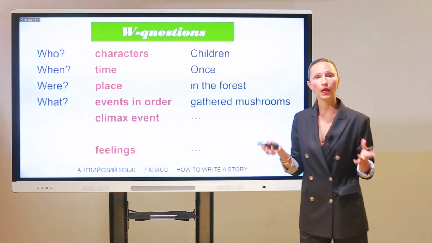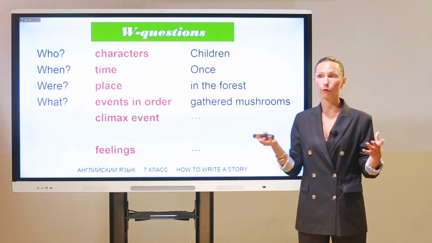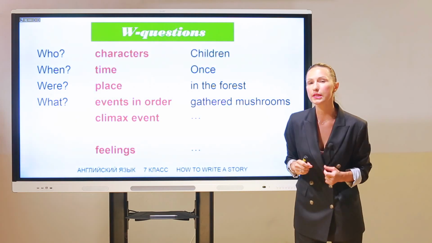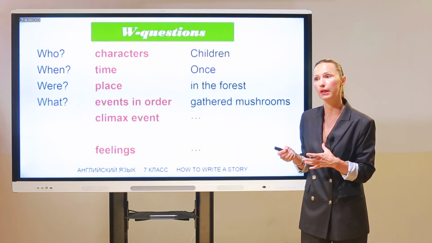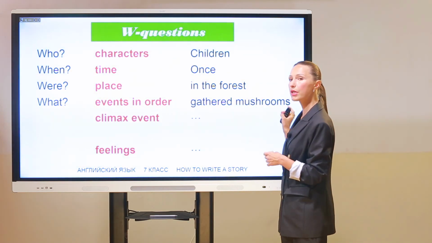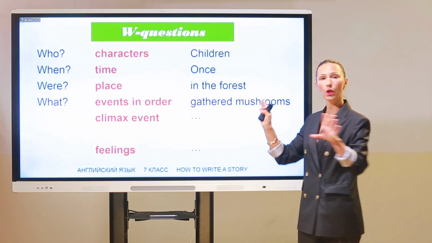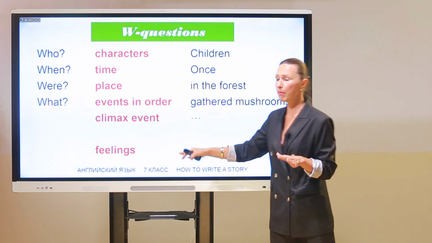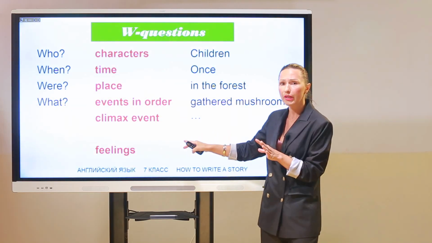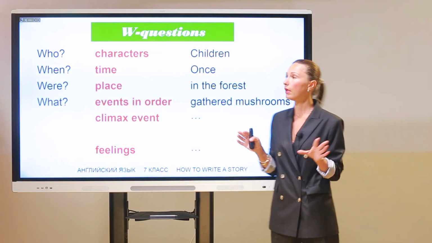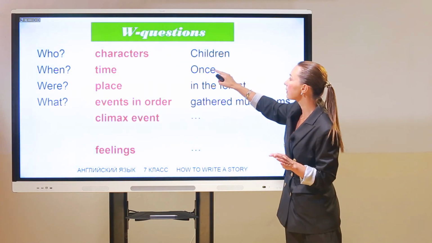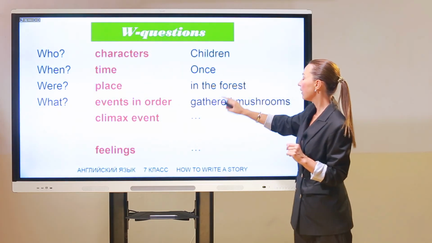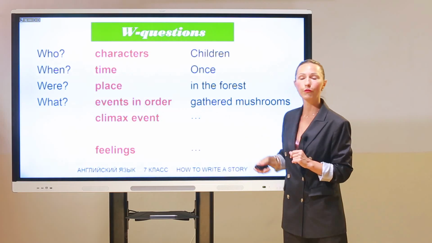Place. It happens in the forest. What did they do, these children? They gathered mushrooms, okay? Right now we don't know about the climax event, maybe about feelings, okay? Not now. Now we know that once children gathered mushrooms in the forest.